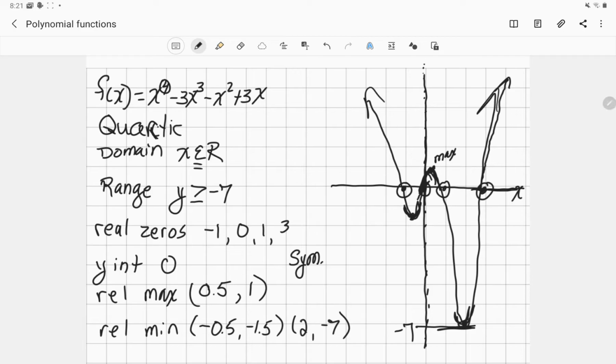The answer for this graph is no. X-axis symmetry means could I cut the graph in half along the x-axis and it would be the same on the top as it is on the bottom? Again, in this case, no. So in terms of symmetry, there is none.